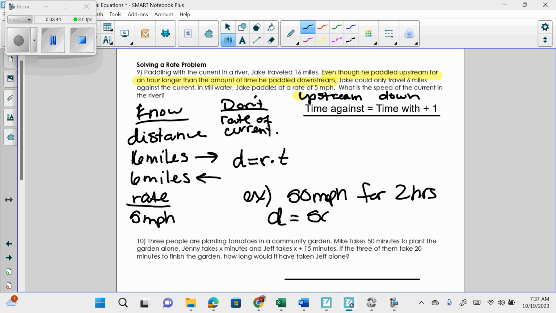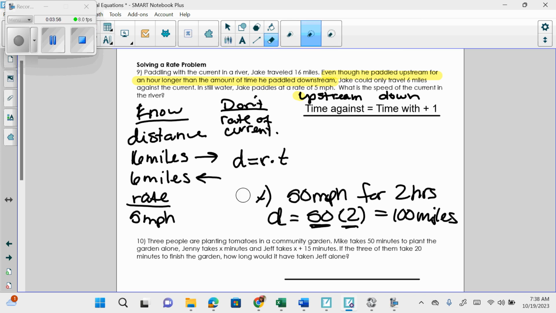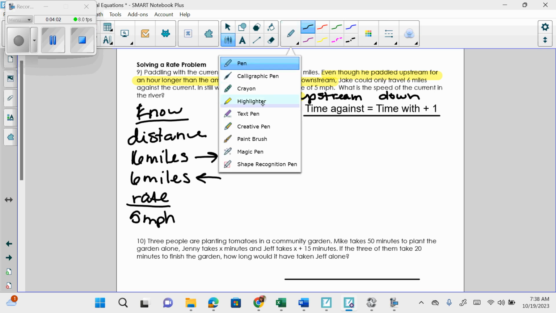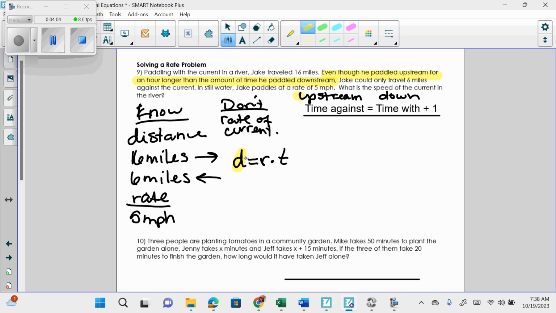We would just say, okay, 50 miles an hour for 2 hours, I went 100 miles, right? Distance equals rate times time. So that is important because I know distance and I sort of know time, so I can come up with an equation here.